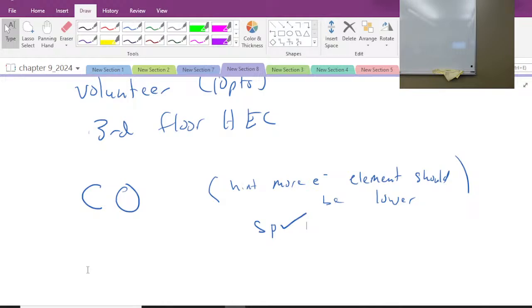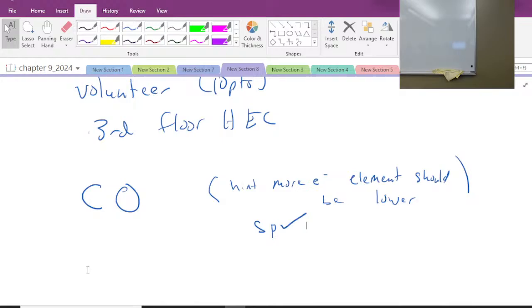So it's not that strong. And then below, it's equal to that.